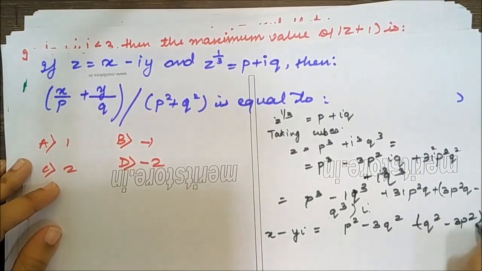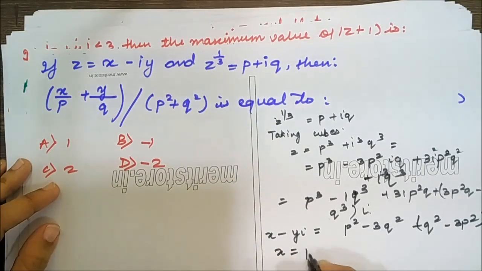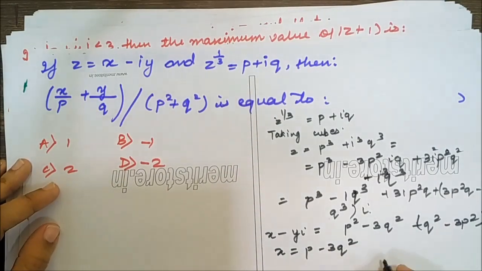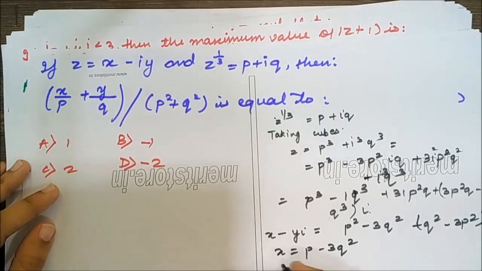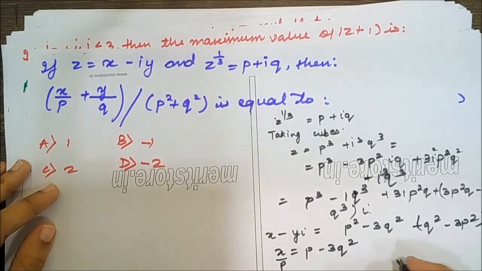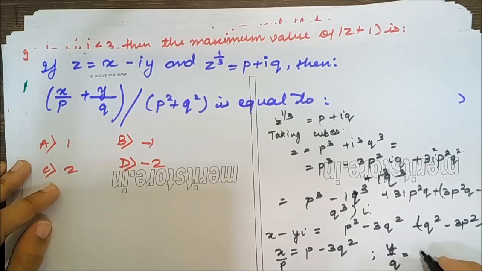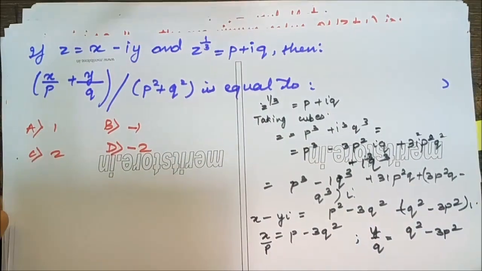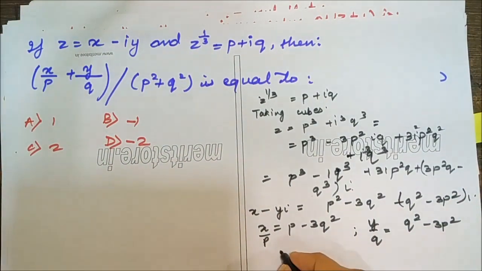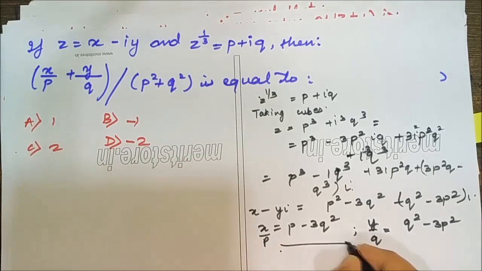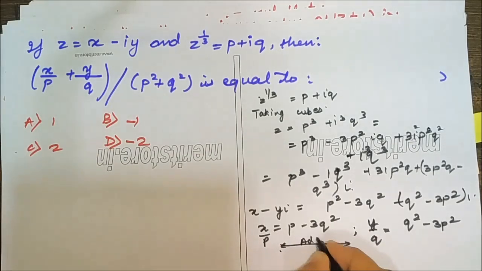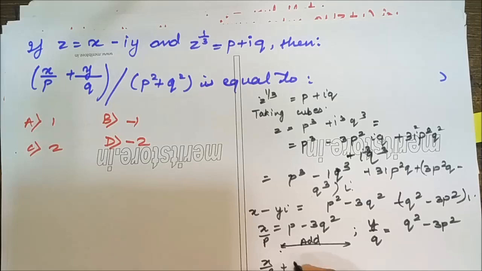Here this is for i. So x is equal to p cube minus 3p q square, so x upon p is p square minus 3q square, and y upon q is equal to q square minus 3p square. So the next step will be adding both of them, x upon p plus y upon q, because that's what you have to find.